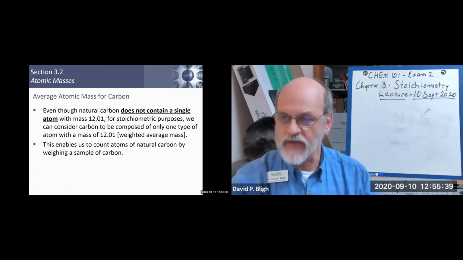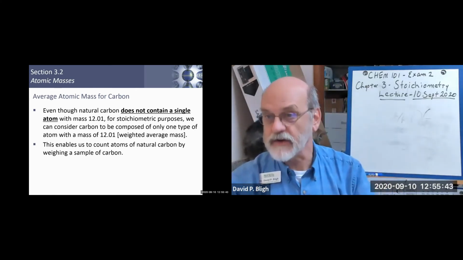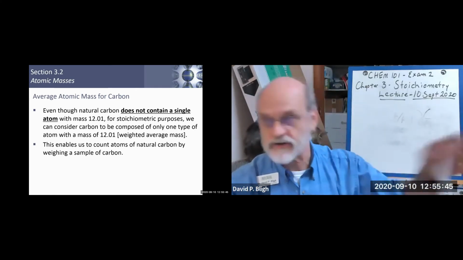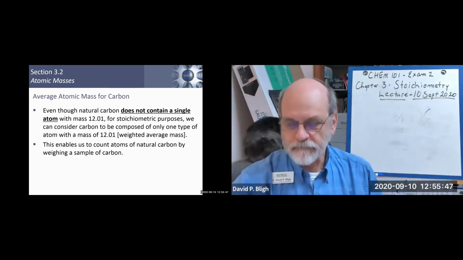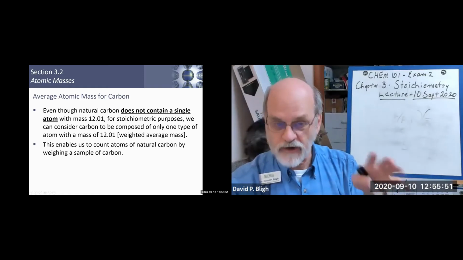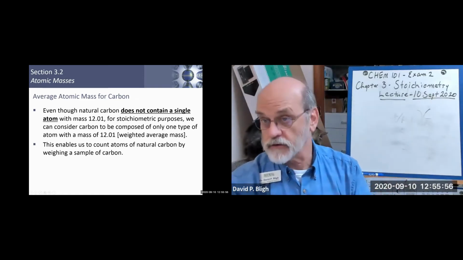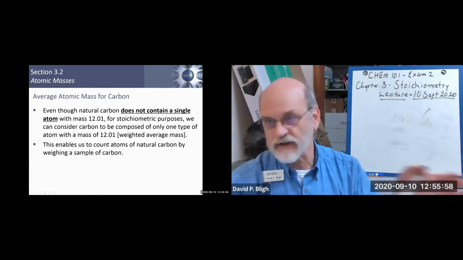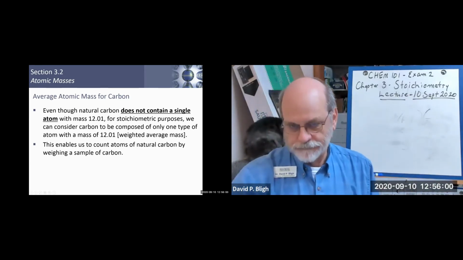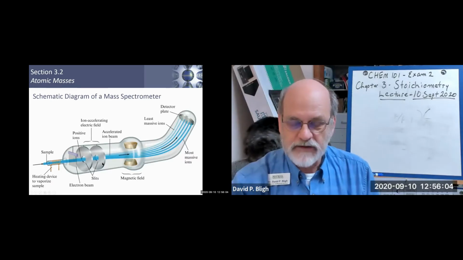And we can use that to determine the mass of a whole bunch of atoms. And conversely, we can say if we weigh a certain amount and we get a weight, then we can find out how many of those that we have. And it's all dimensional analysis. Okay, so that was for carbon.